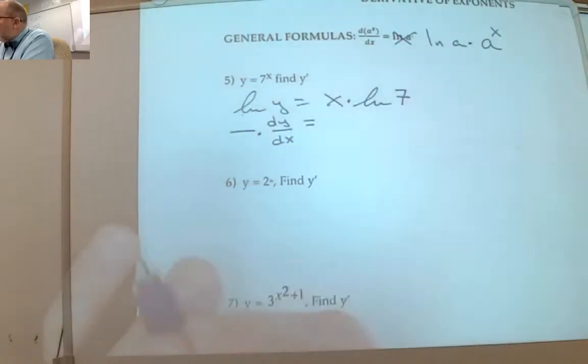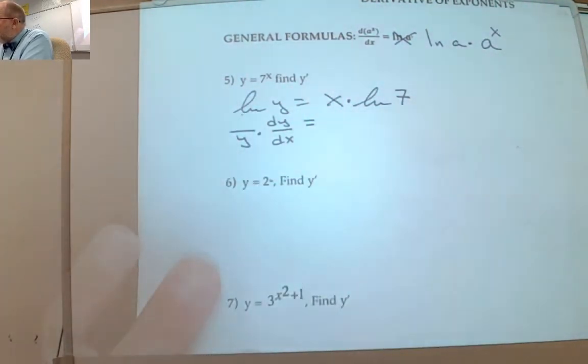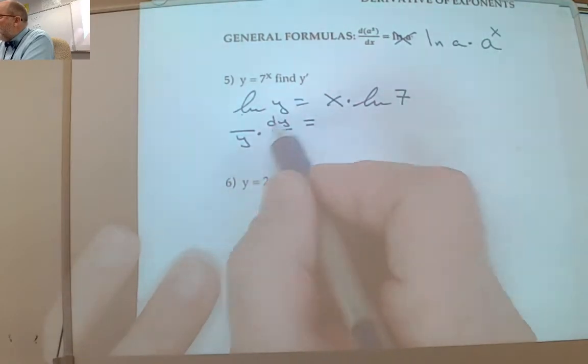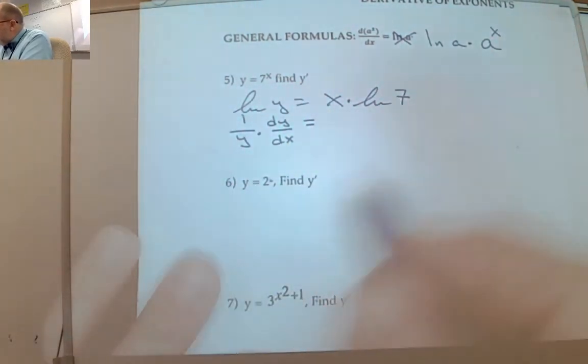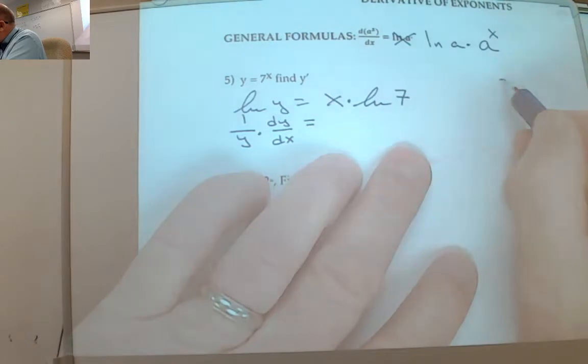Right when I take the derivative, what goes in the bottom? y. Guess what's on top? Well, it would be dy/dx, but we moved it over here, so what's left is 1. Okay? What about this? I'm going to give you a hint. What's the derivative of this?